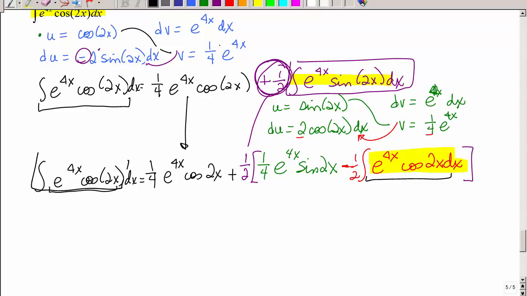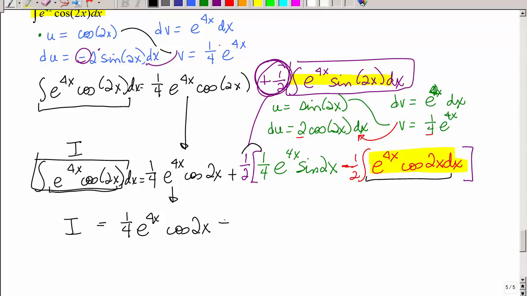So I'm going to let the letter I stand for that integral. Or you could just write it as that integral, but I'm going to write it as I, meaning the integral of e to the 4x cosine 2x. So I'm going to bring this down, so I have 1/4 e to the 4x cosine 2x.